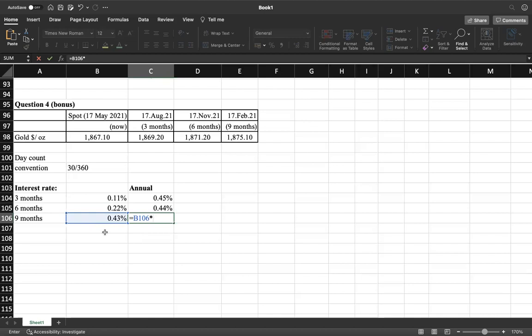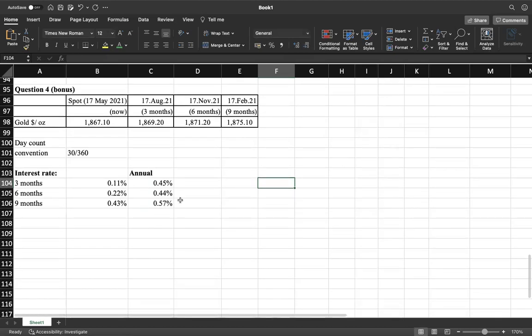We have 4 quarters in a year. So therefore, the 9 months interest rate is 3/4 part of annual. It means multiplied by 360 divided by 270, because we have 9 months and each 30 days. 30 multiplied by 9, it is 270 days. And this is our annual.